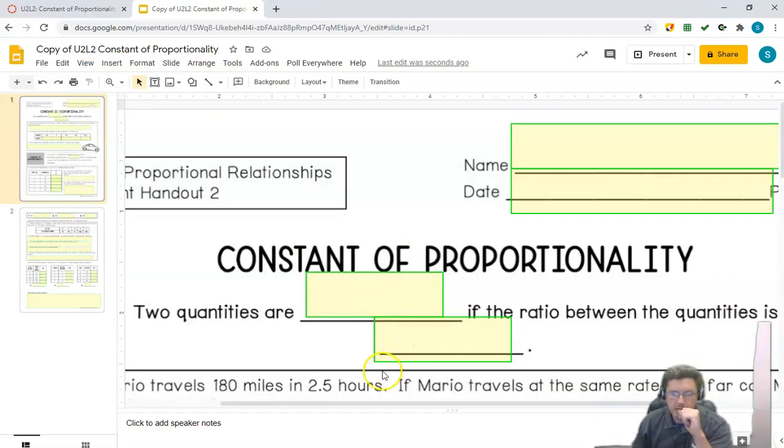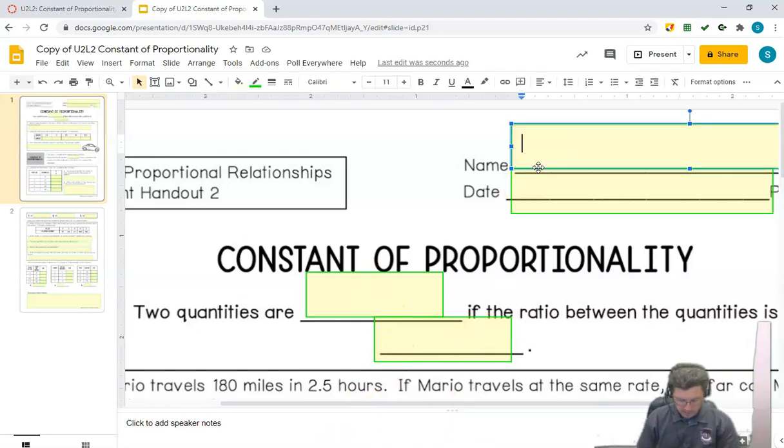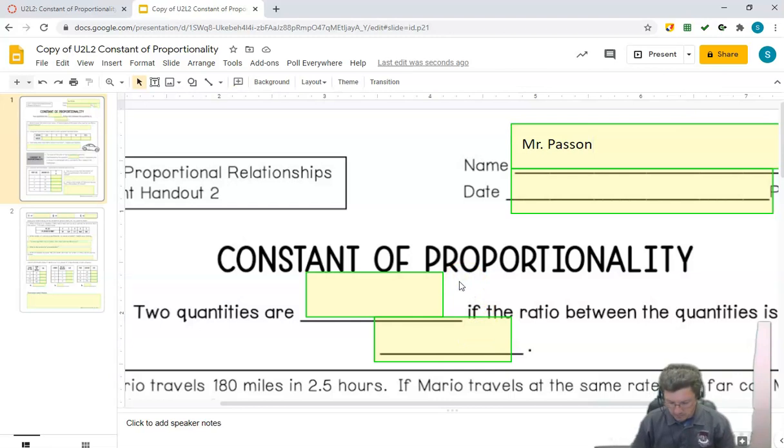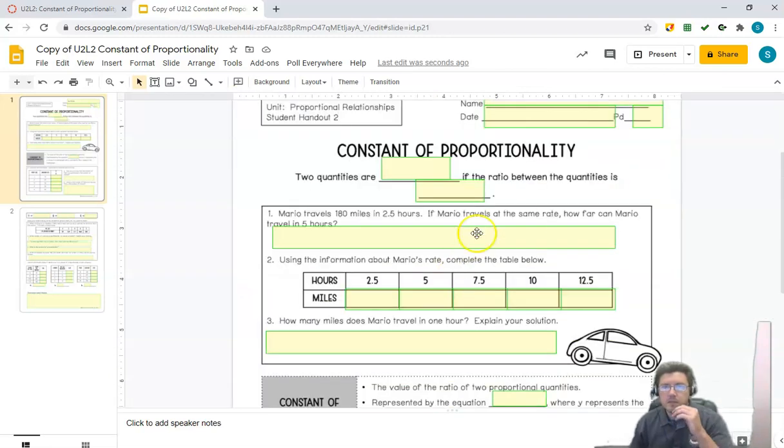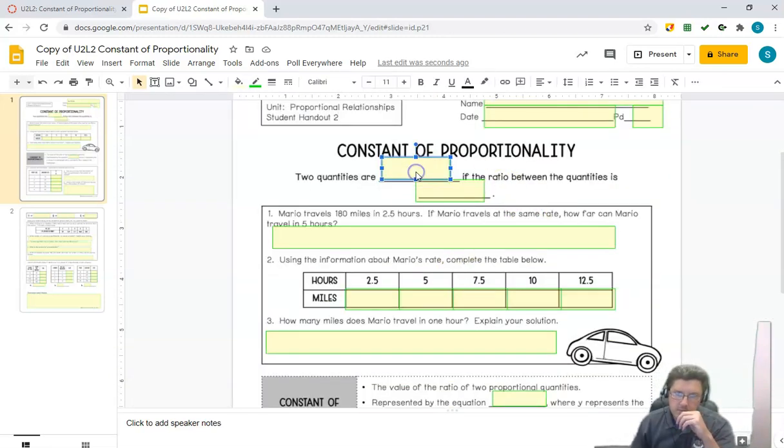So let's go ahead and read through this. Let's go ahead and put in your name. Put in the date that you watch it and the period that you watch it. Actually, I'm going to zoom out just a little bit so we can see everything that's in there.